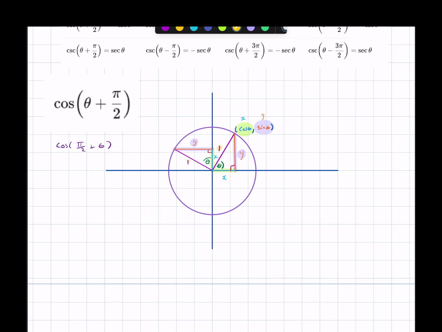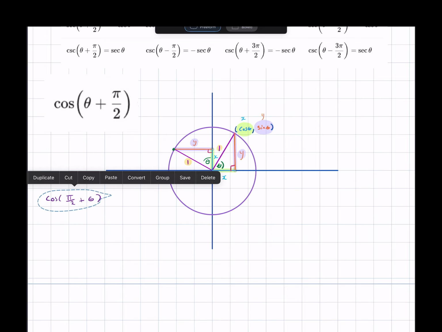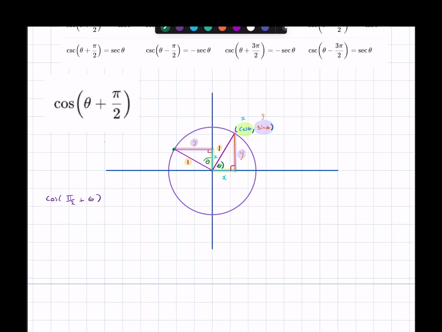This is a triangle with a hypotenuse of 1 here. This is a hypotenuse of 1 here as well. And now we're basically done. That's literally it, right? The coordinates of this point here are cosine of pi over 2 plus theta and sine of pi over 2 plus theta.